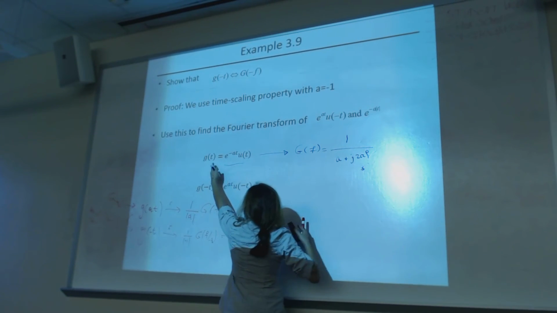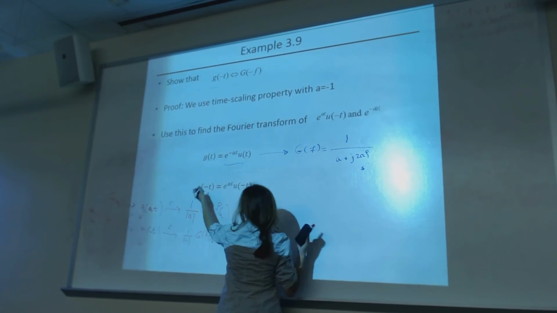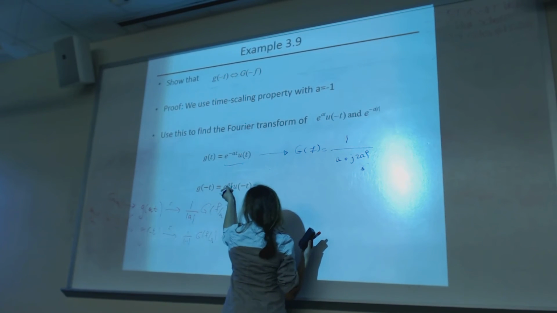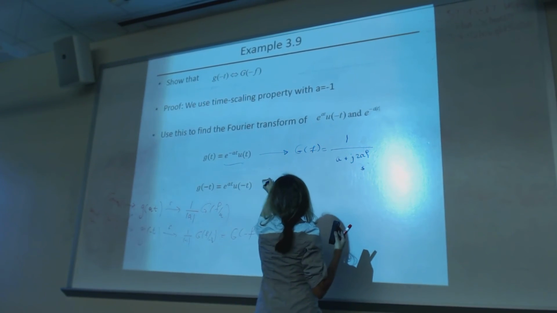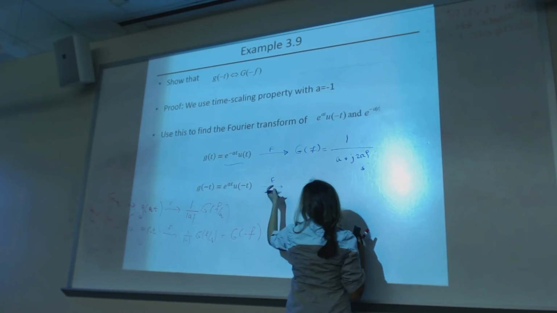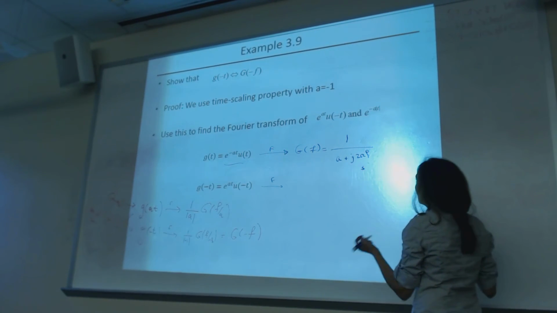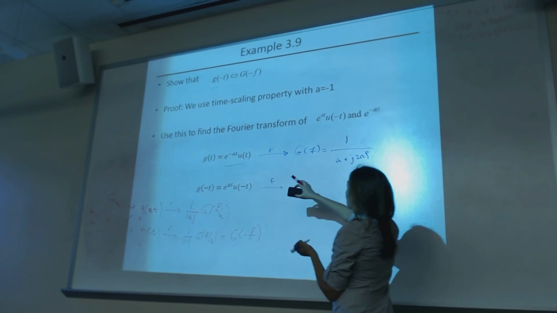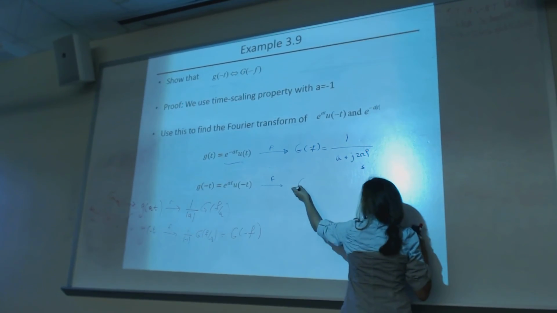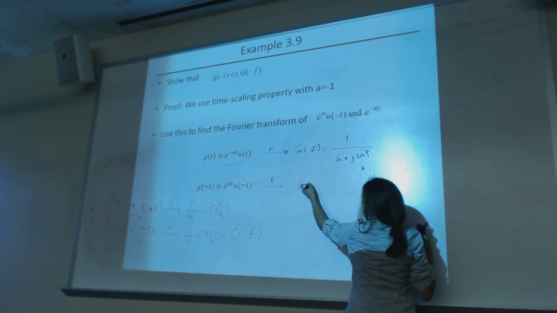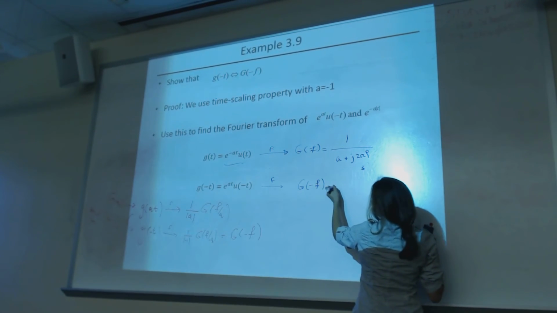Now instead of g of t, I'm given g of negative t, so instead of t, I have negative t. And the question is, what is the Fourier transform of this? The property says if you negate the time, you simply negate the frequency. So you're going to get G of minus f.